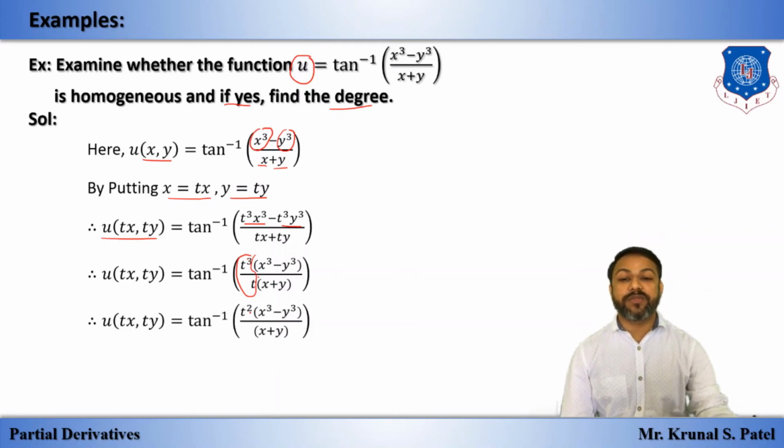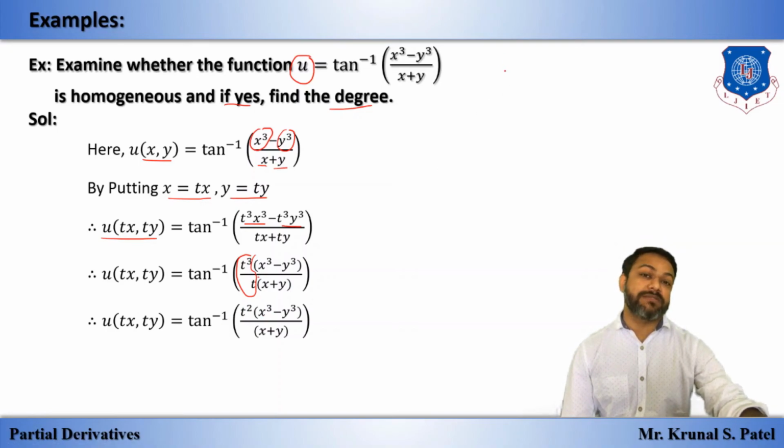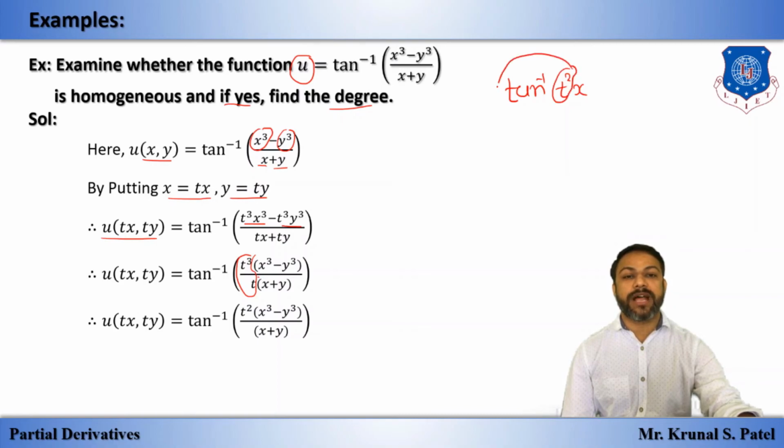Now here t square is in between tan inverse and this function. As we have studied at school level, tan inverse of t square into some x, we cannot take this t square out of the function. So we cannot take this t square out from tan inverse here.